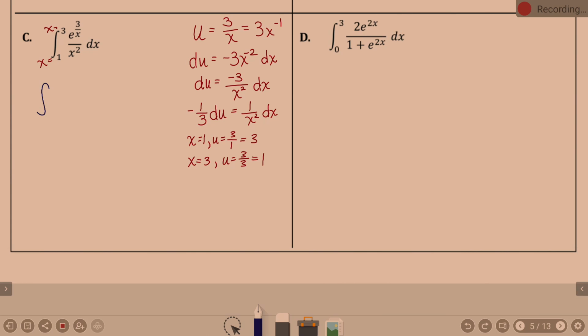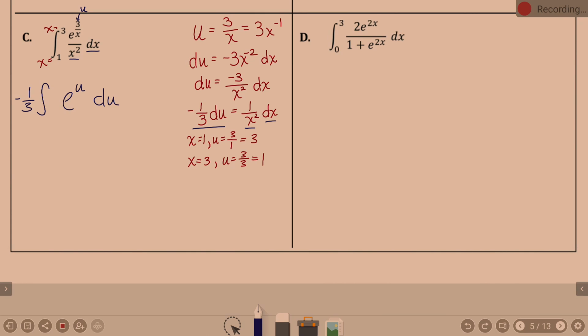Okay, so I did have to switch the integral. I'm moving along. So, e to the 3 over x is e to the u, right? There's my u. X squared in the denominator dx matches up with negative 1/3 du.